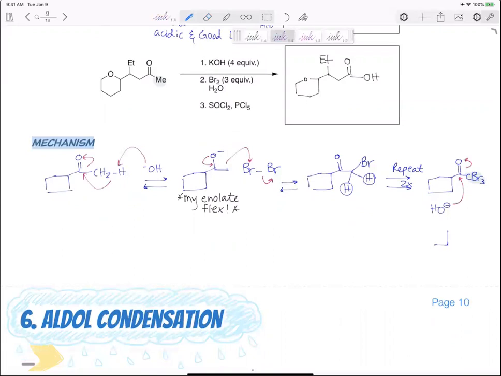Okay, and what we have here would be this, so O minus OH. Don't forget CBr3 is a good leaving group, right? Better than hydroxide at least. So what we have here, now this part becomes, well, it technically becomes irreversible.